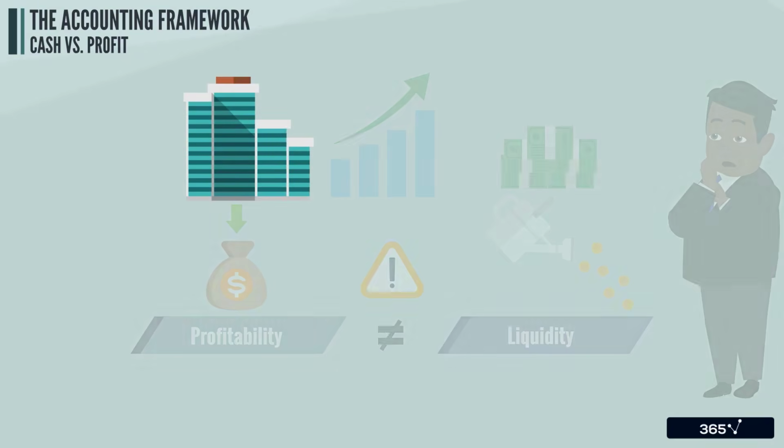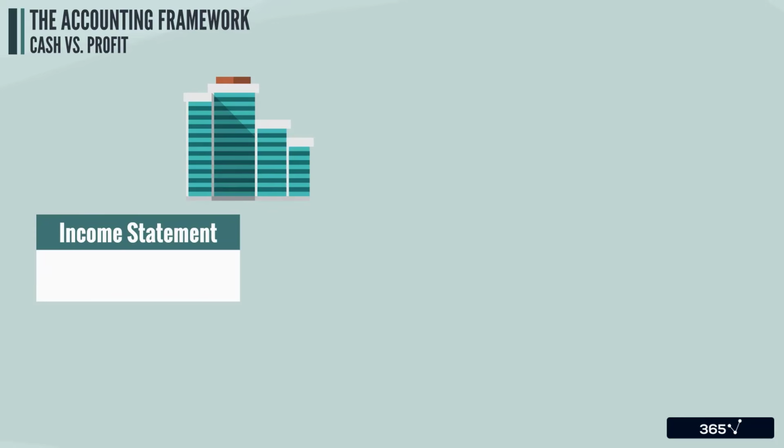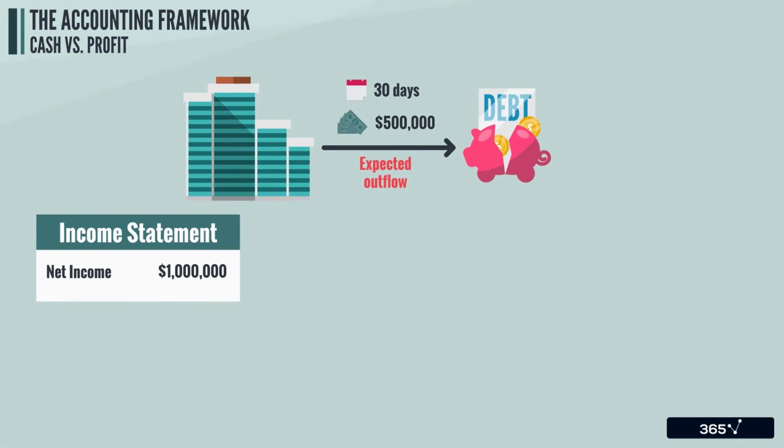Imagine you browse through a firm's income statement and you see it earns a profit. For the last reported year, its net income amounts to $1 million. That's great. However, in the next 30 days, the company needs to repay a portion of its debt equal to $500,000. At first glance, the business is doing fine. Most of its revenues and expenses have been collected and paid on time.